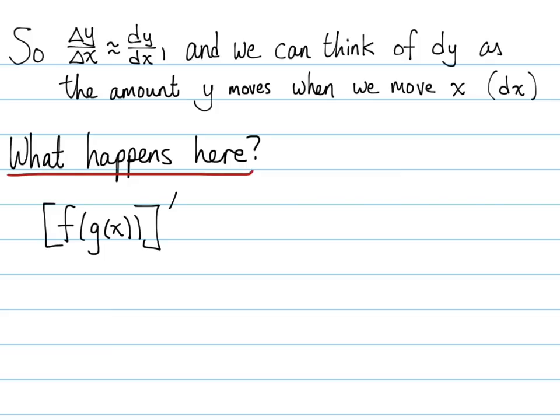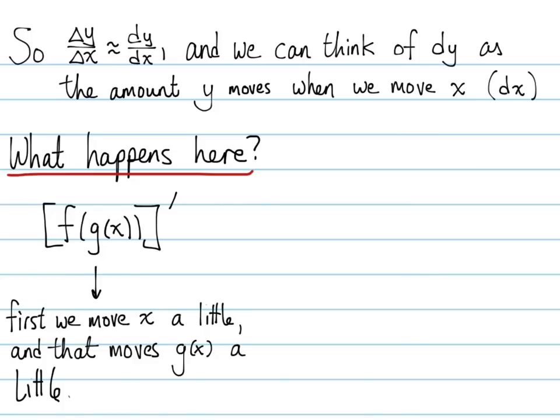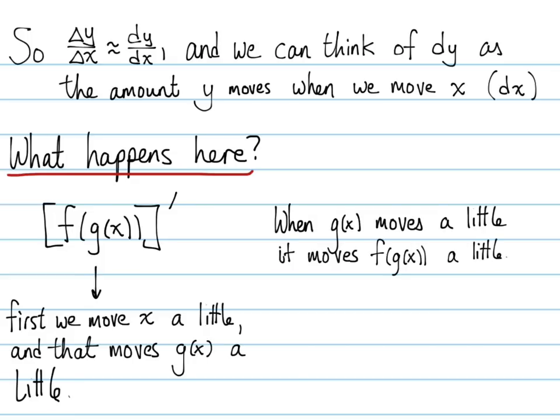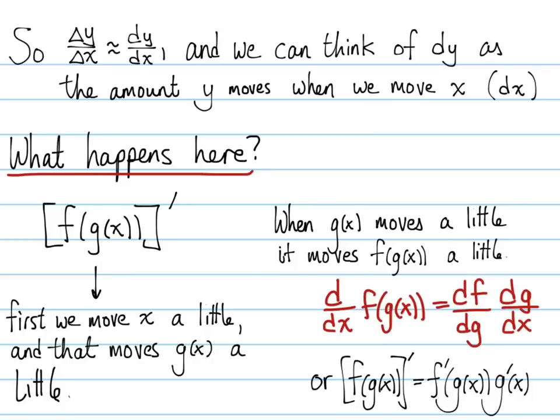So what happens when we have a chain, right? X first goes into g, and then that goes into f. Well, when x moves a little bit, that's going to make g move a little bit. But then when g of x moves a little bit, that's going to move f a little bit. And so we can think of the derivative of f of g of x as being how much f of g of x moves when we move x.